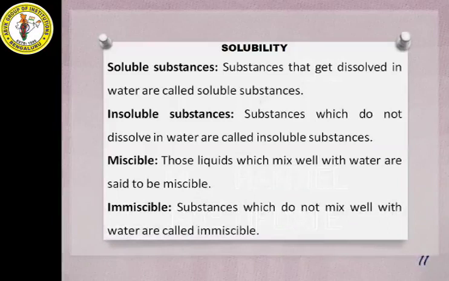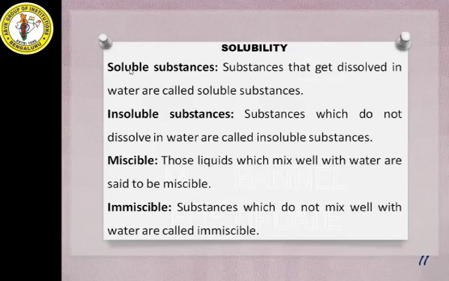Next property is based on solubility. So what do you mean by solubility? Substances that get dissolved in water are called soluble substances. So whatever substances dissolve in water are called soluble substances. Substances which do not dissolve in water are called insoluble substances.